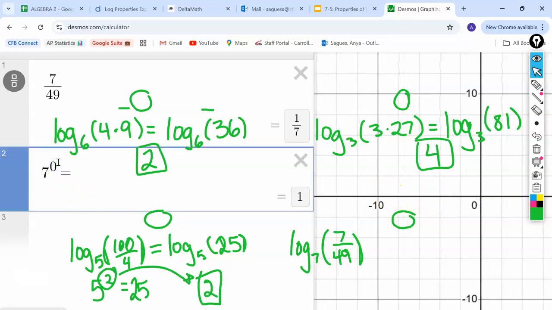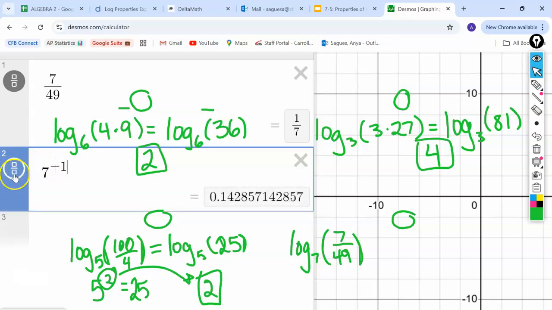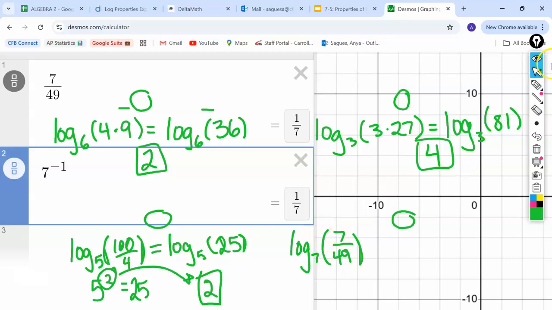So I'm going to try negative numbers. -1. Okay, let's see. And that gives me my answer. So remember, this simplified to 1 over 7, and that would just be -1, because 7 to the -1 gives me 1 over 7.